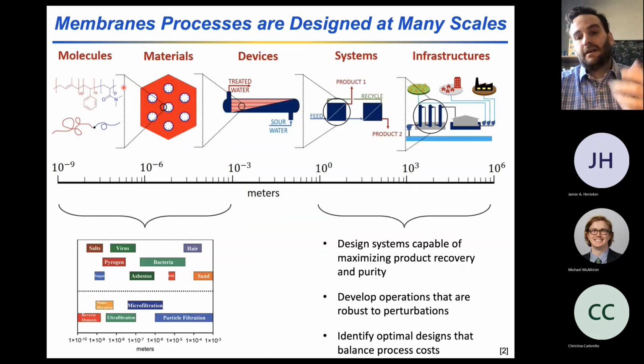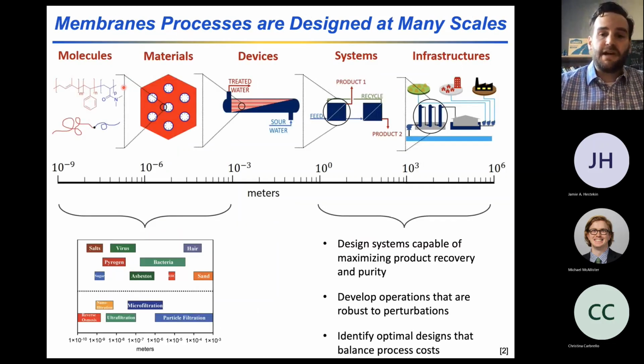At the other length scale, people are thinking about how to develop optimized systems that get plugged into infrastructure in order to reap the benefits of these membrane separations. To do that, you want to design systems that maximize product recovery and purity and that are robust to the annual or diurnal variations in operating conditions.